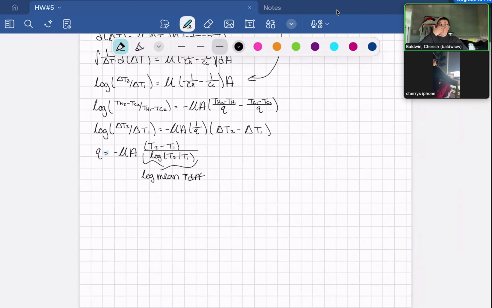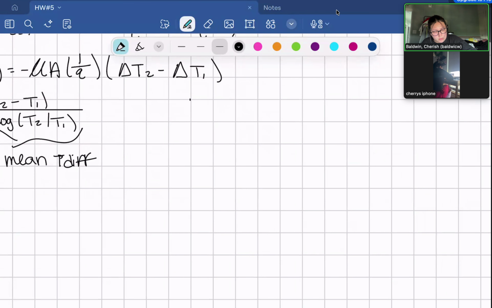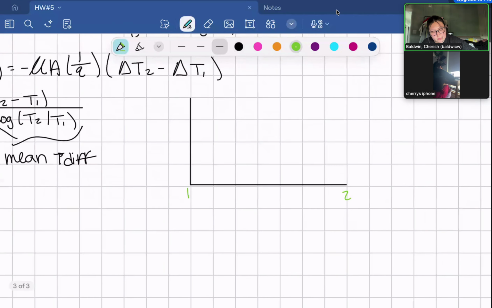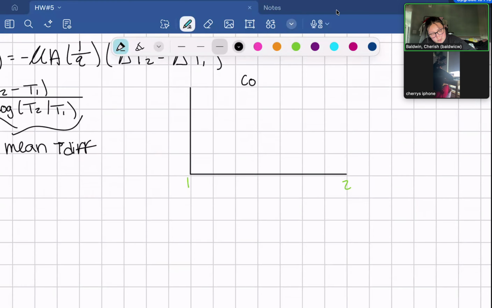So we could do this for either co-current or countercurrent. So I'm going to show which one's more powerful. So this is position 1 to 2, where they both start on the one side.